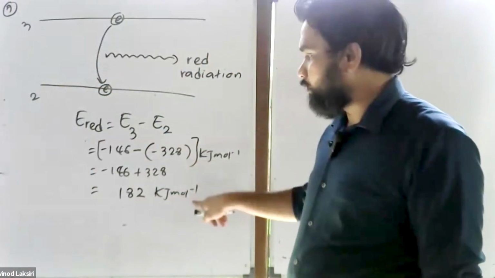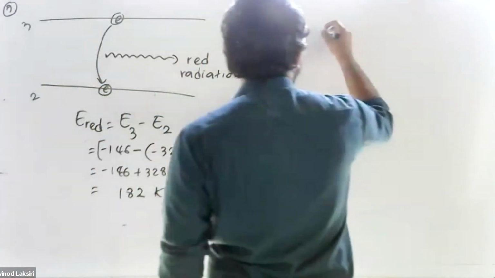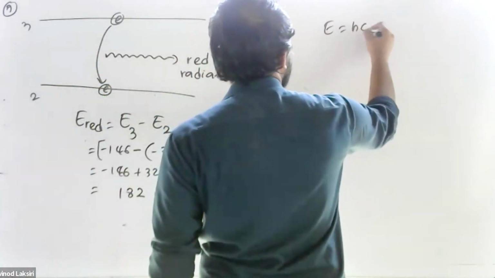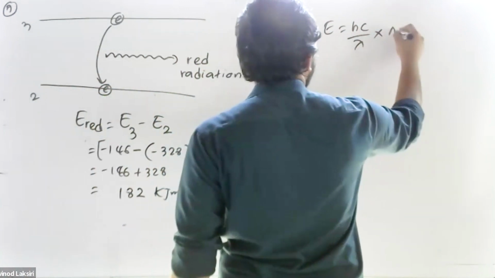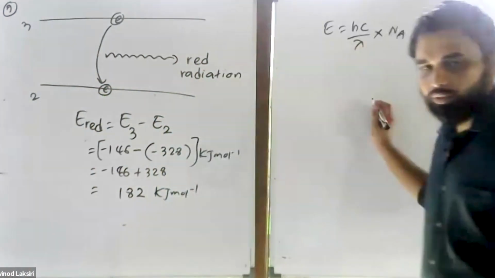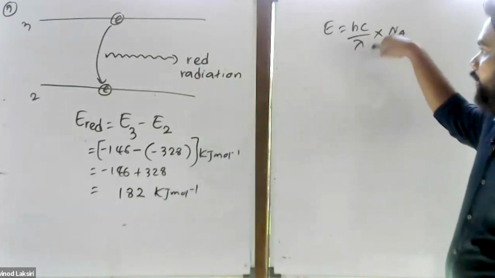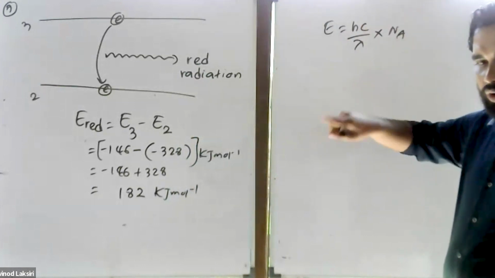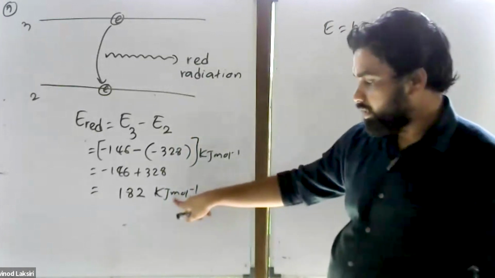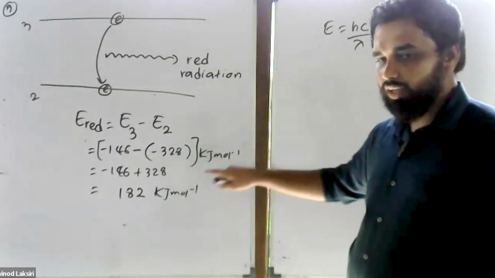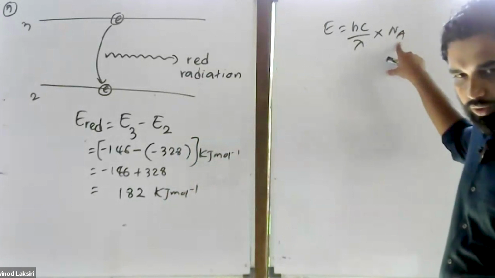So for the energy of 1 mole of radiation, we can write E equals hc over lambda multiplied by Na. Do you understand? Hc divided by lambda gives the energy of 1 photon. Here the energy of 1 mole of photons is given, therefore you have to multiply by the Avogadro constant.